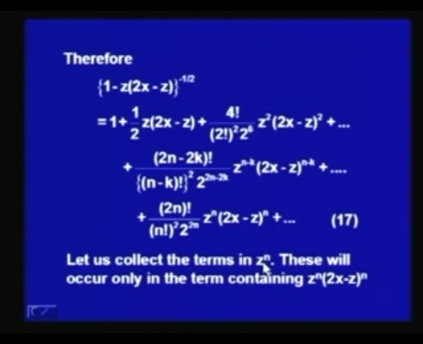Let us collect the terms in z to the power n in this expansion. Now the terms in z to the power n will occur only in the term containing z to the power n into (2x minus z) to the power n and the previous terms, because after this term we will have the power of z as n plus 1 and the power of 2x minus z as n plus 1. So the least power of z will be n plus 1.